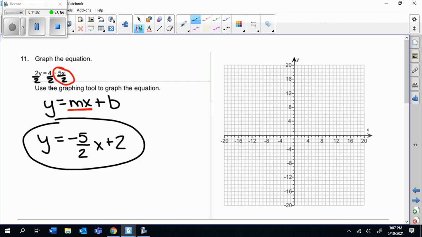So that's what I'm going to graph. I'm going to go up 2, and then I'm going to go down 1, 2, 3, 4, 5, and write 2. And then I'm going to draw the best line I can. You can do that a couple of times if you'd like, but something like that will work.